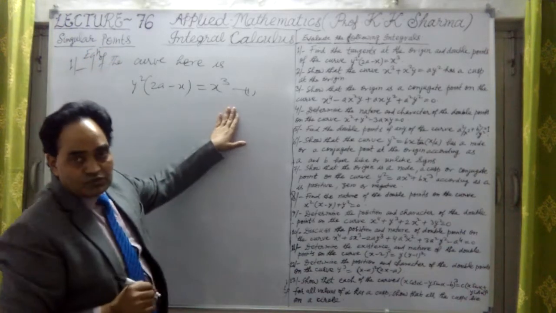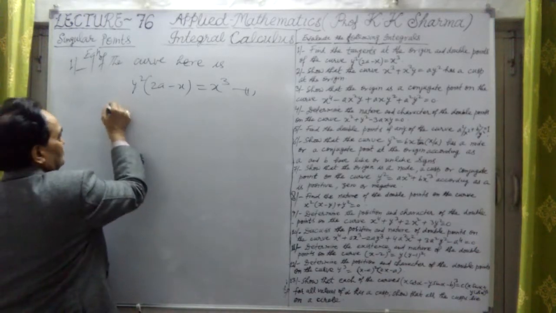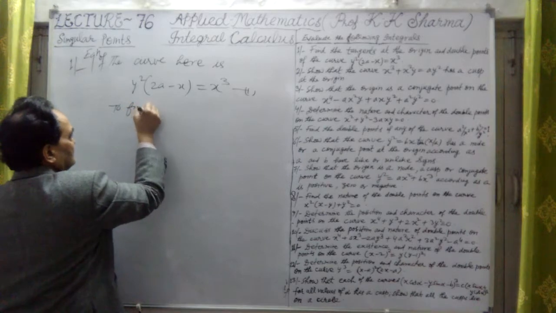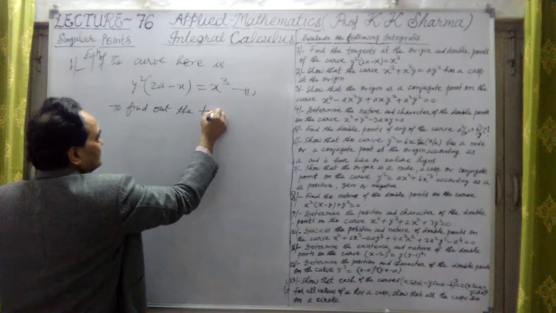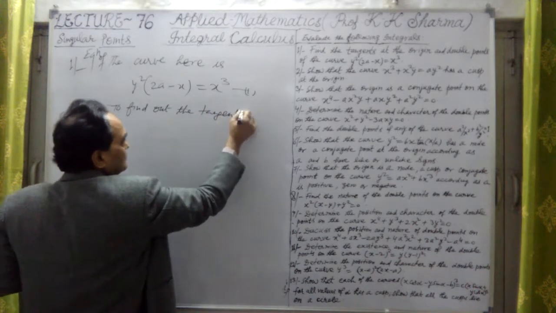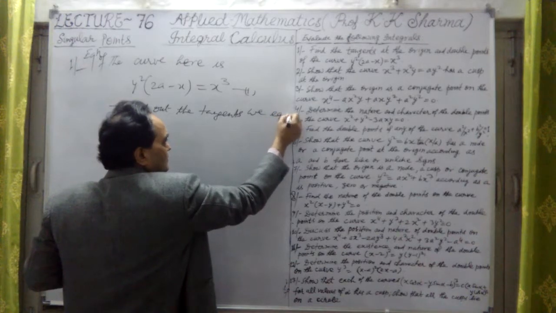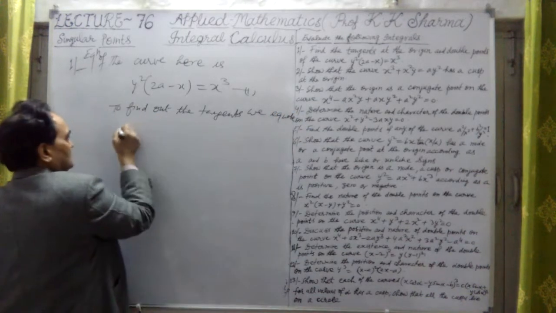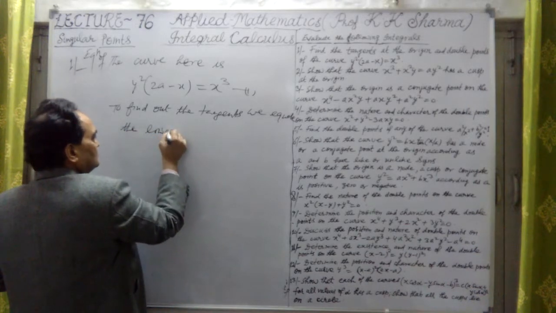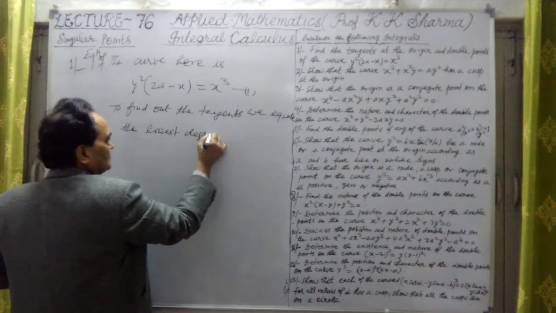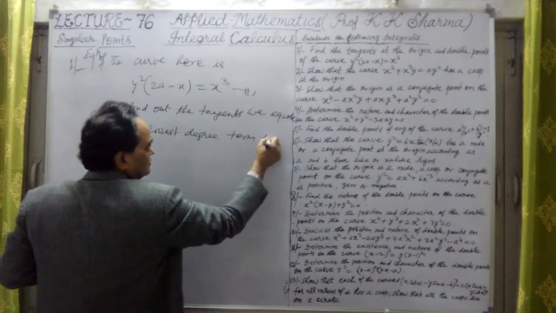Just to find out the tangents, what do we do? To find out the tangents, we equate the lowest degree term to 0.